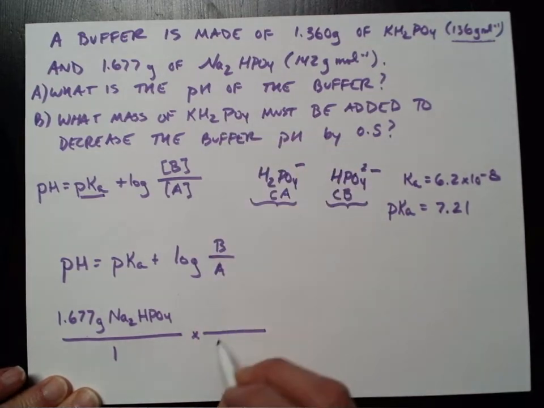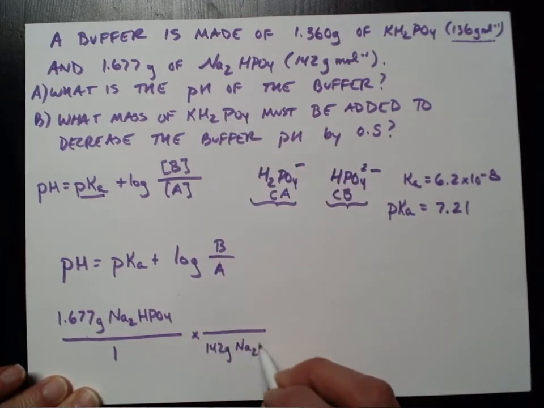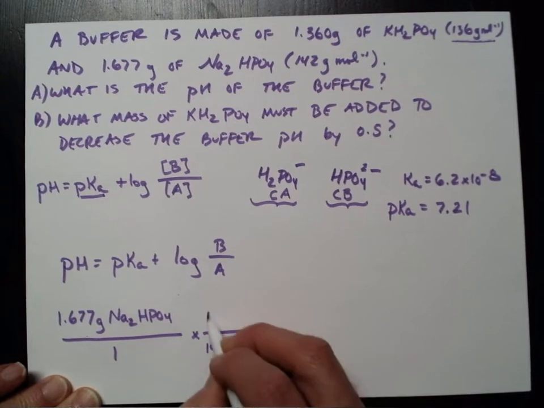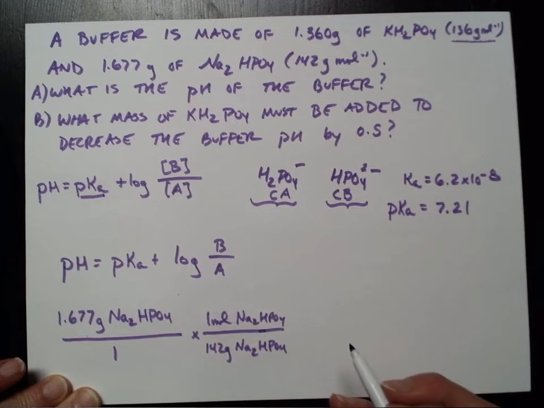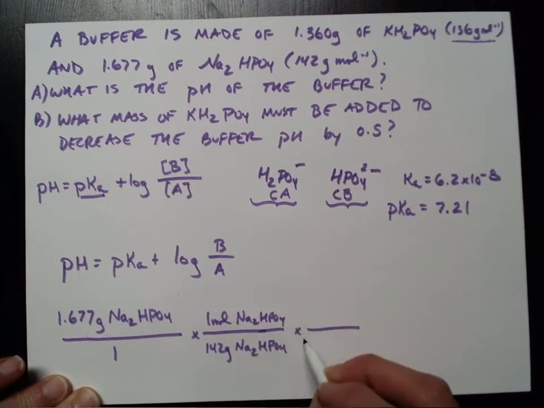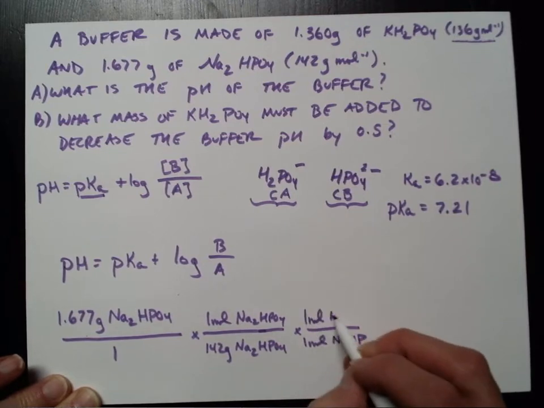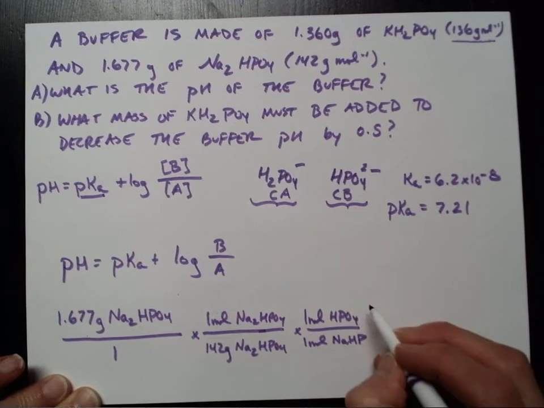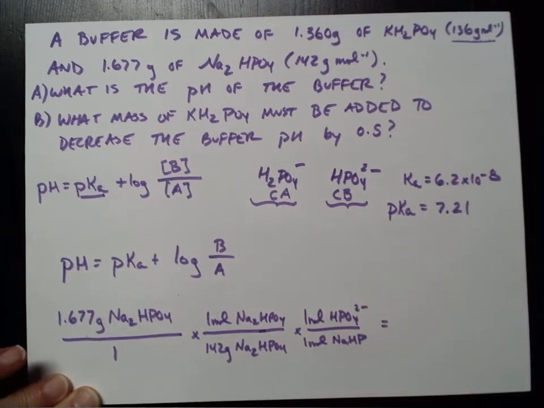And I see that there's 142 grams of this, of sodium hydrogen phosphate, for every mole of the stuff. Yep. So now I know how many moles of this, and of course we know that for every 1 mole of sodium hydrogen phosphate, there's 1 mole of the hydrogen phosphate ion.